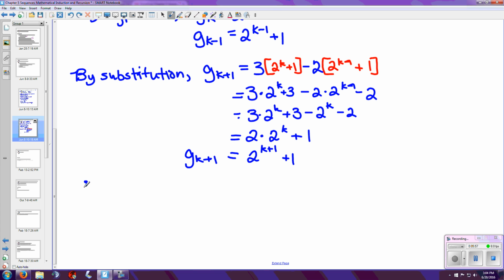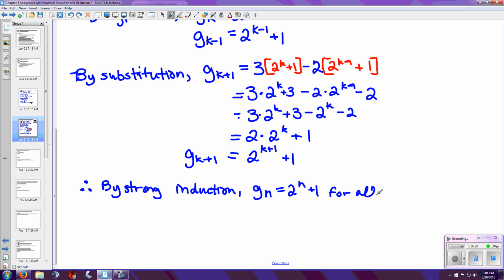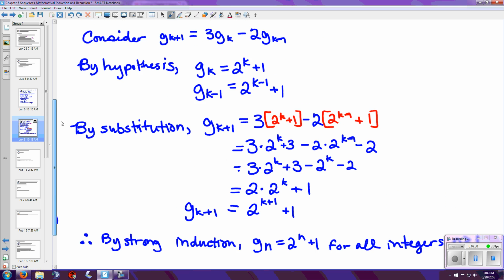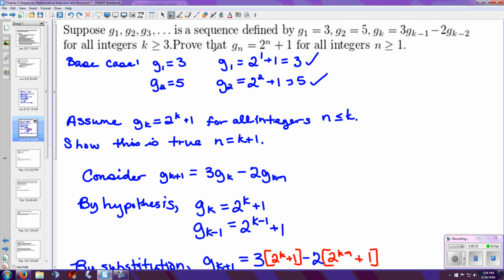So now we can say, therefore, by strong mathematical induction, we have shown that g sub n is equal to 2 to the n plus 1 for all integers n greater than or equal to 1, which if we look back up at the problem, is what we were trying to show.